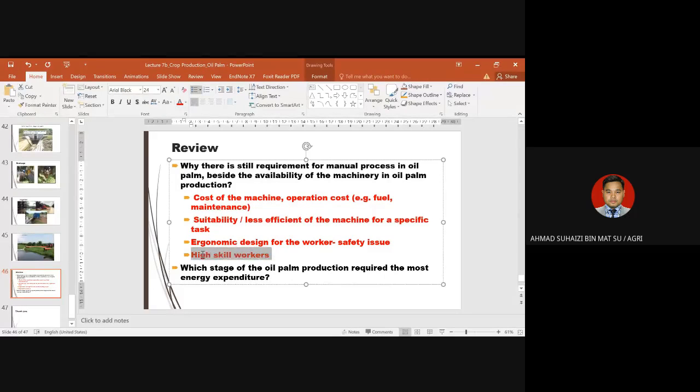This one, high skill worker. If you have high skill workers, then you will go for the manual instead of machinery. Is that your point? No, lack of high skill workers. Then it will contradict with the question.